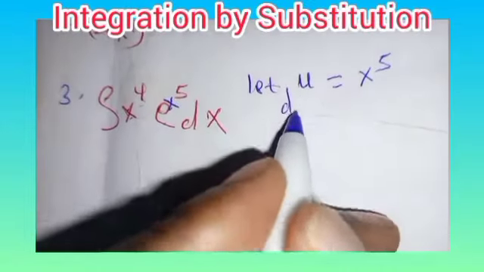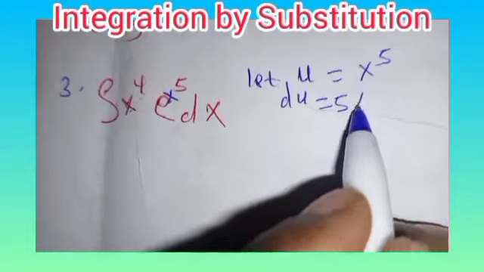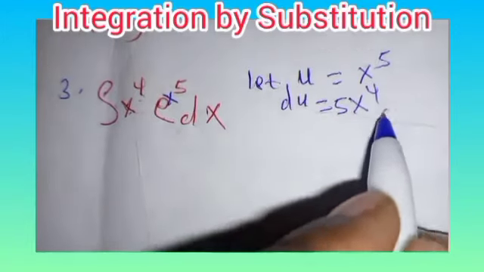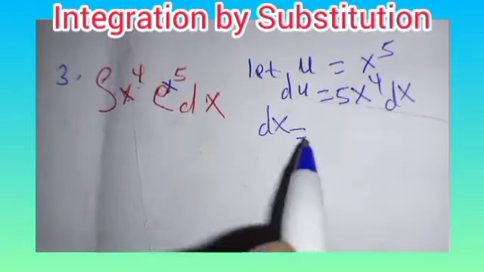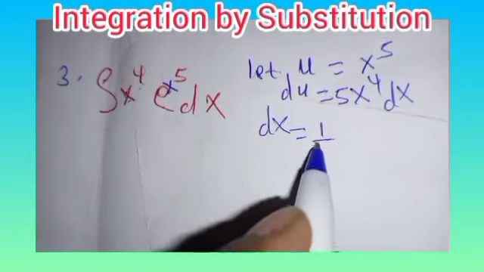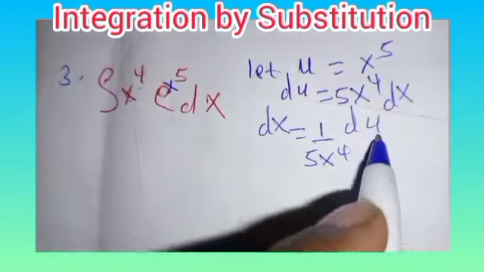Then du we will have 5x power 4 dx, meaning that dx is equal to 1 over 5x power 4 du.